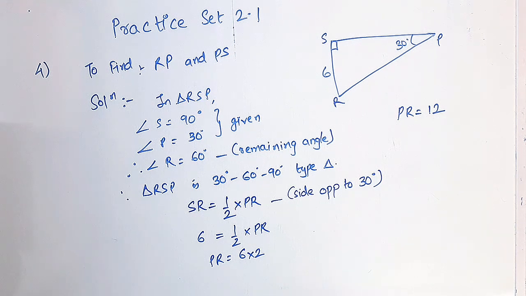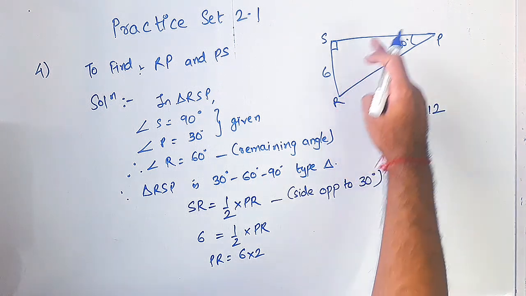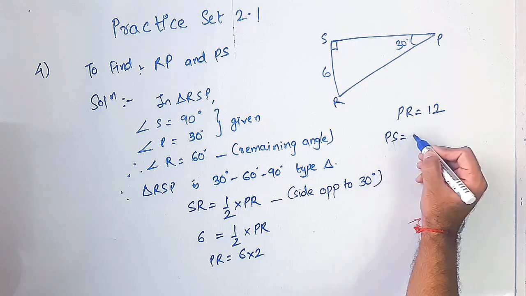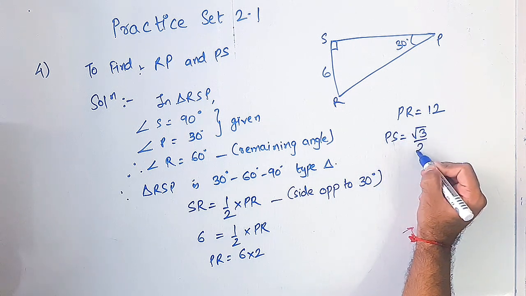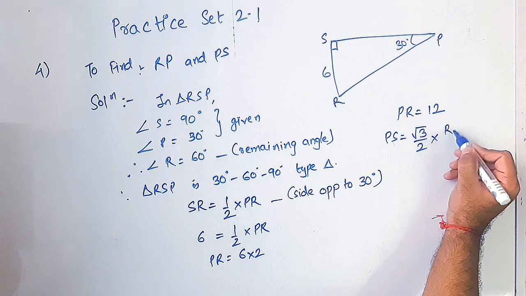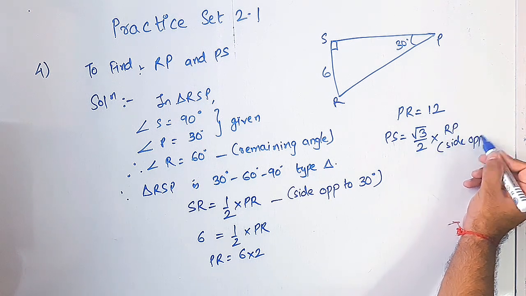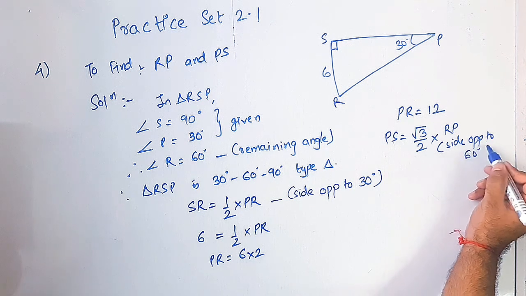Now we are up to finding what is PS. So PS is actually side opposite to 60 degrees. So PS will be root 3 upon 2 times the hypotenuse. Here you will write the reason, side opposite to 60 degrees.